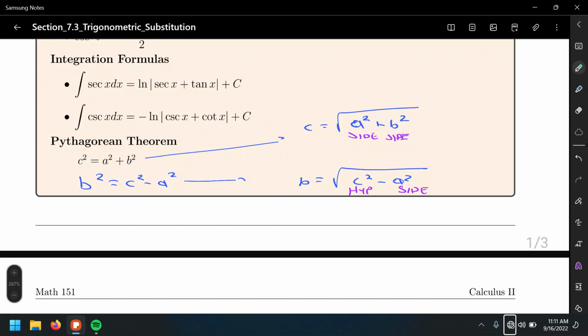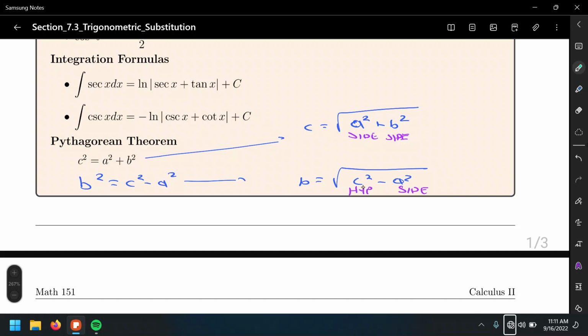The question is, what's the length of the hypotenuse? In other cases, we may be given the length of the hypotenuse and one of the sides, and the question would be, what's the length of the other side? When we're given the two sides, that's going to look like a sum of squares. When we're given the hypotenuse and one of the sides, that's going to be a difference of squares.